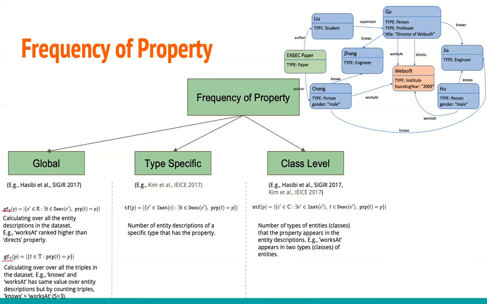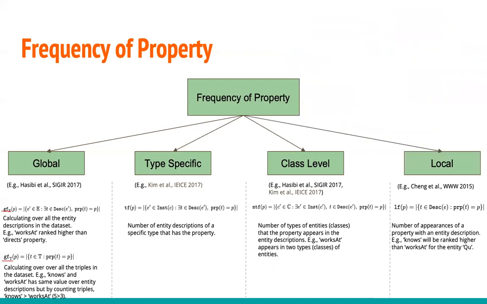So if you count at the class level, it will be only 2 instead of the other values that we looked at earlier, because we only look at how many different classes we get by analyzing all the types that each of these entities belong to.